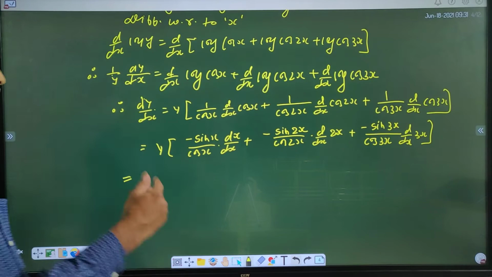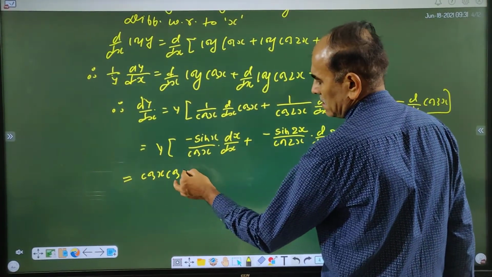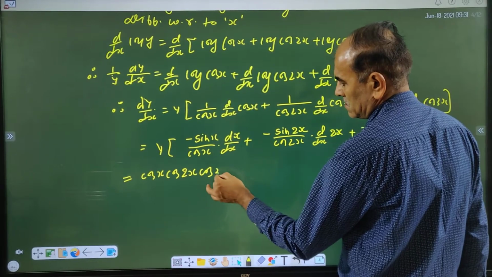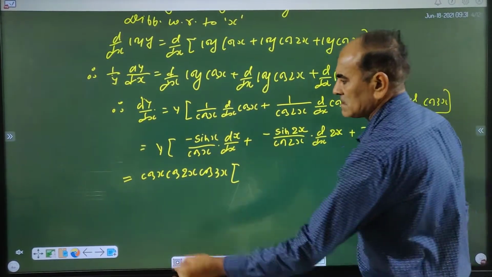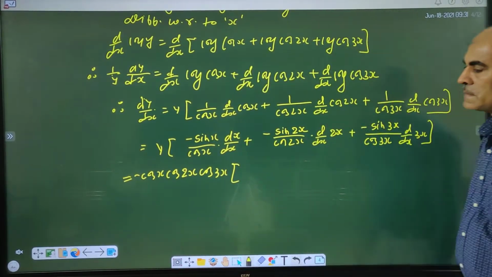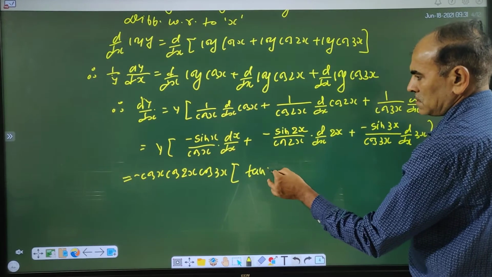Now replace the value of y. What is the value of y? Cos x, cos 2x, cos 3x, into. See, everyone said minus sin is there. So take it outside: minus sin x over cos x, that comes out tan x.